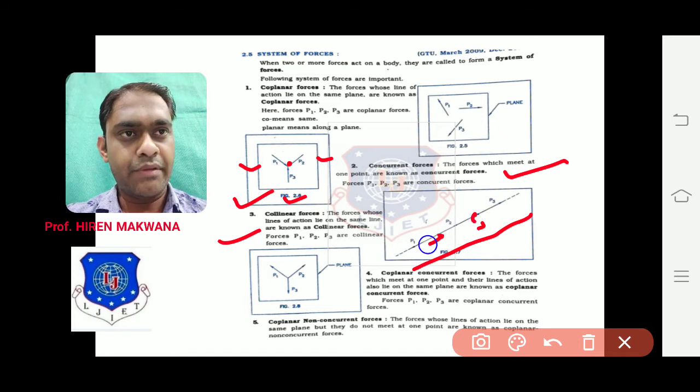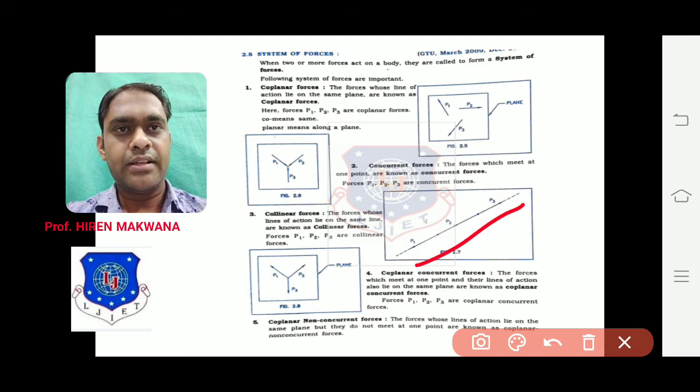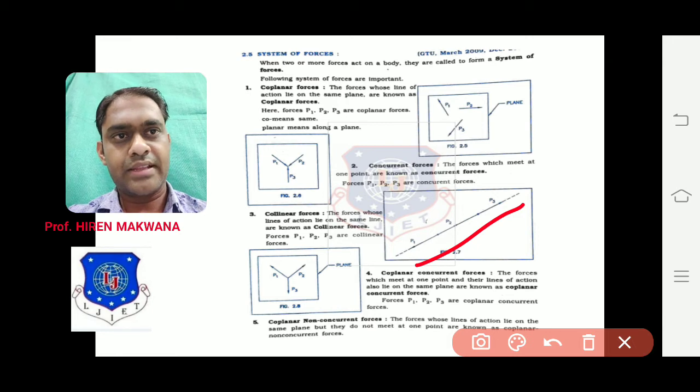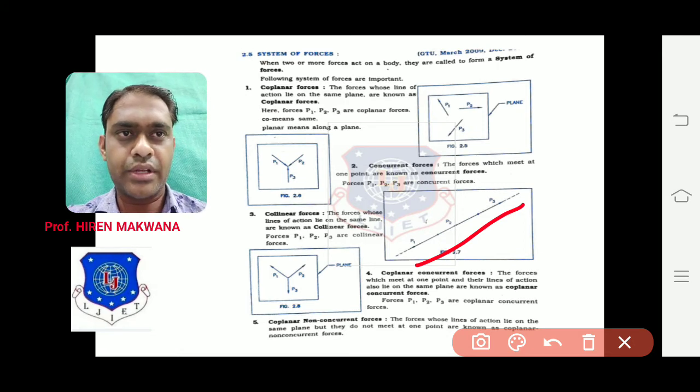P1 is going outward, P2 is moving down, P3 is moving up. So in the same line, many forces are acting. That's why these forces are known as collinear forces. The forces whose line of action lie on the same line are known as collinear forces. You can check in the definition.